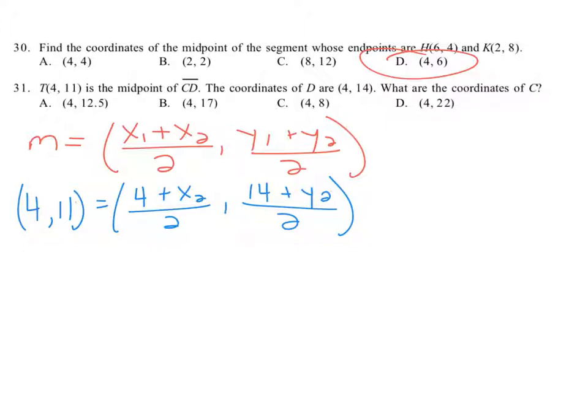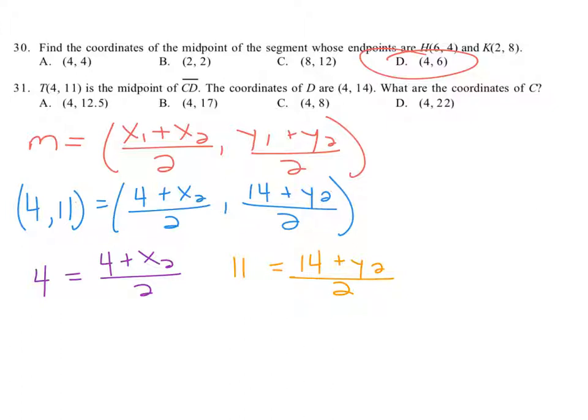So we can split this apart and say, 4 is going to be equal to what you get here when you do 4 plus x2 over 2. And it's the same thing for the y-coordinate. The y-coordinate is 11, and 11 is going to be equal to what you get here. So we've got 14 plus y2 divided by 2.